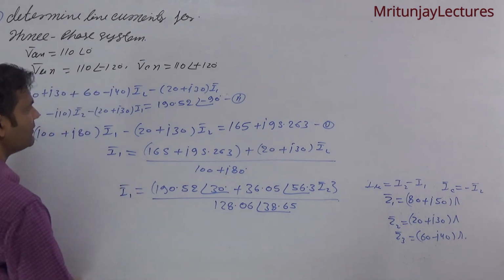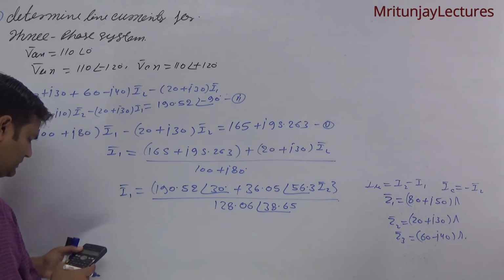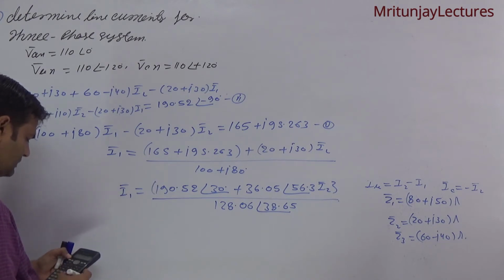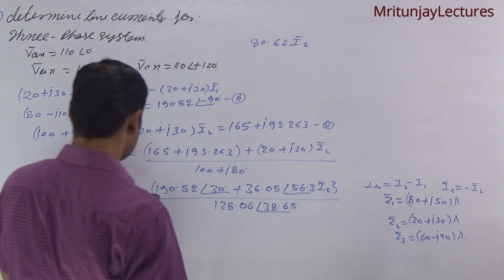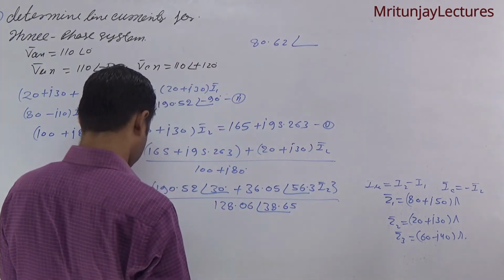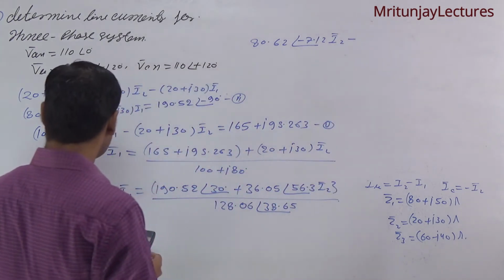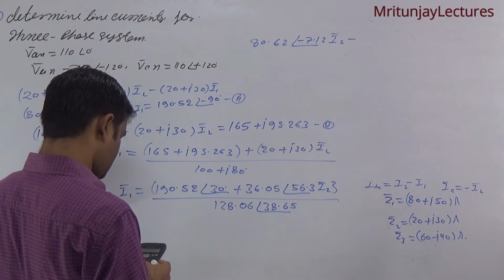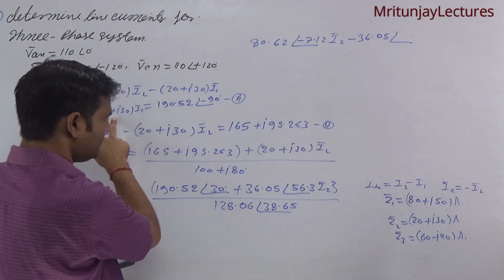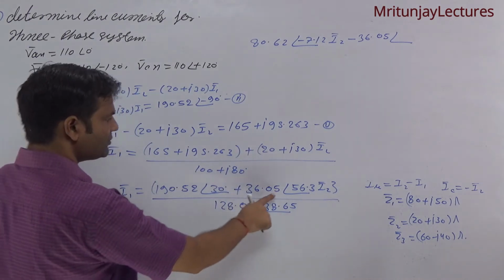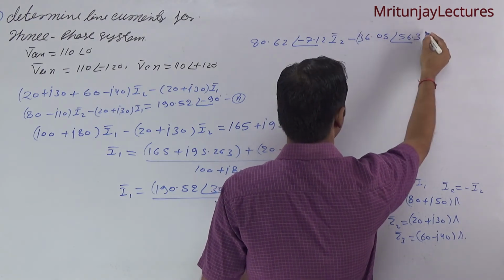Now that is I1. Here, put 80 minus j10, if converted, then we got 80.62 at the angle minus 7.12 into I1, plus 20 plus 30j, if converted, 36.05 at the angle 56.3 into I2.